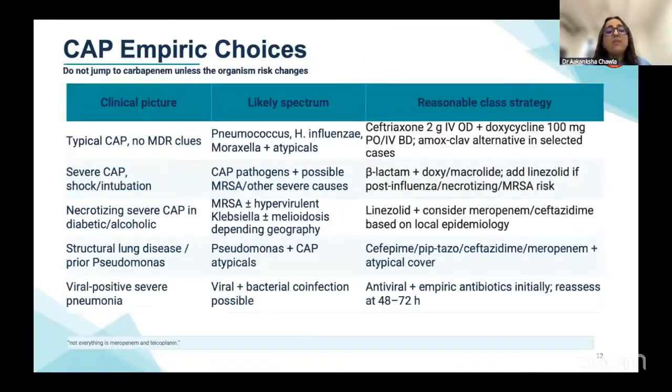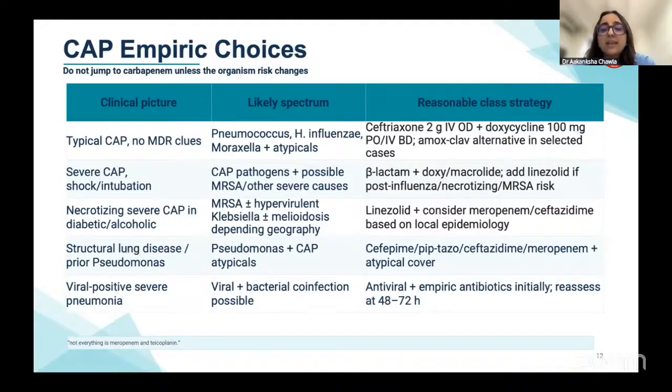So when you have a typical community-acquired pneumonia case like this, what would be your antibiotic of choice? You start with ceftriaxone 2 gram intravenous once a day, along with doxycycline. Now these days, of course, for atypical cover, macrolides and respiratory fluoroquinolones are still very widely used. But macrolides have shown increasing resistance post-COVID, especially in Mycoplasma, which is a very common atypical organism.